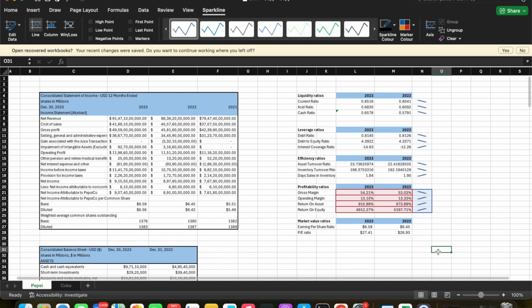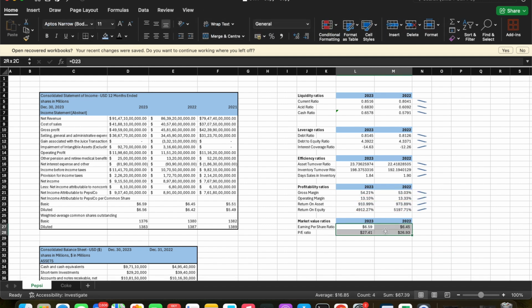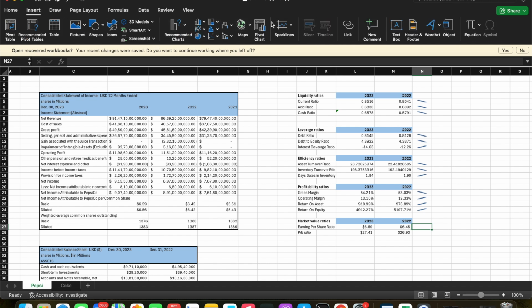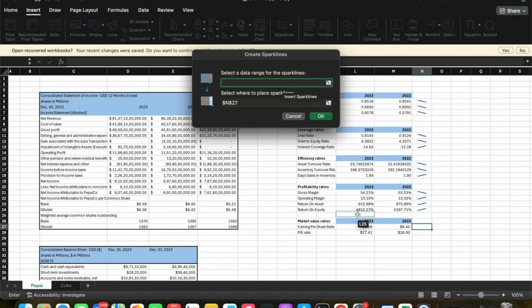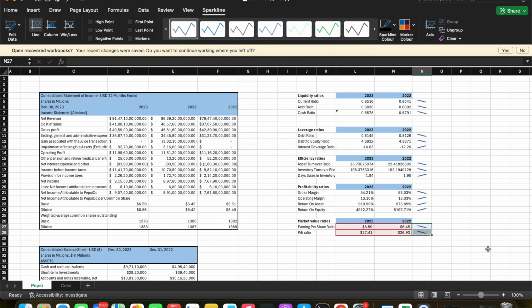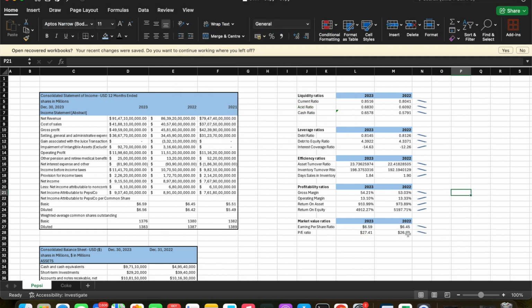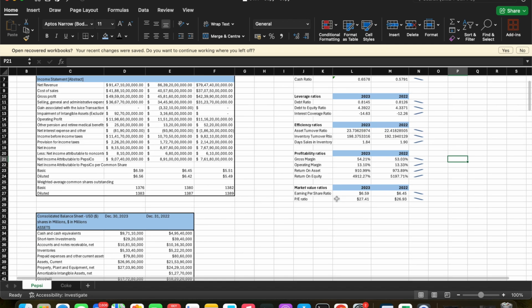Here you go, and the final bit, the market value ratio. Here you go, we finished with this sparkline.